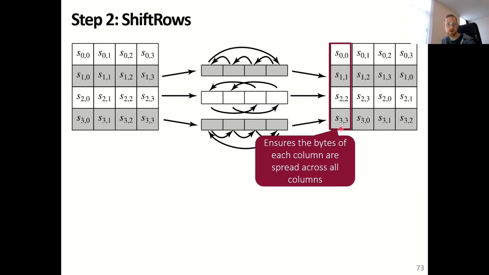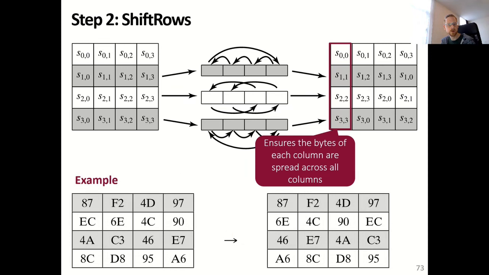As you can see here, the bytes that end up in the first column come from all 4 original columns. Here you see an example for this input matrix, what would be the corresponding output. And you can check this at home to verify that it's correct.